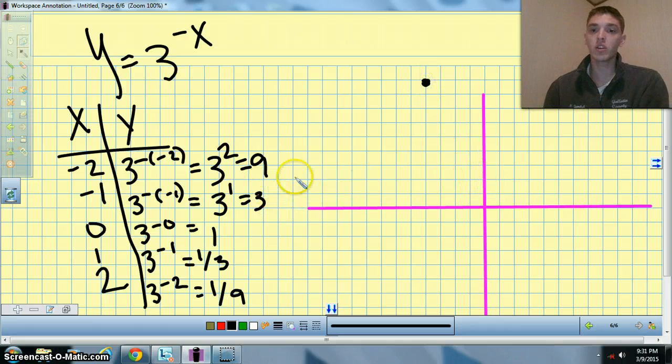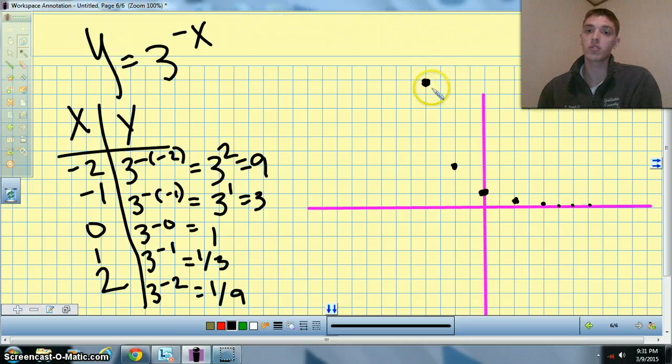At negative 1, it's 3. 0 is 1. At 1, it's 1/3. So starting to see the shape that this graph's going to take. You can tell it's just going to get closer and closer to 0 as we go on. So the asymptote on this again is at y equals 0.